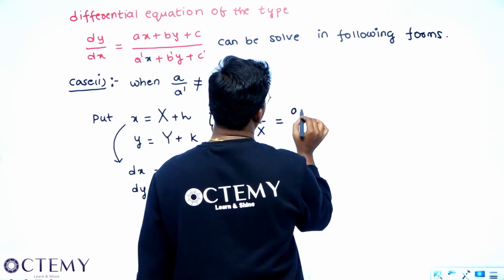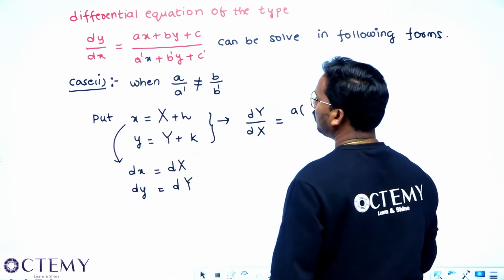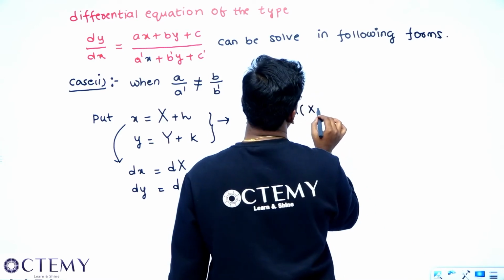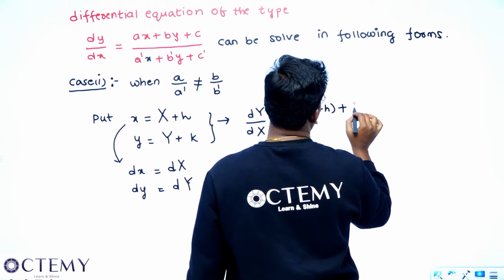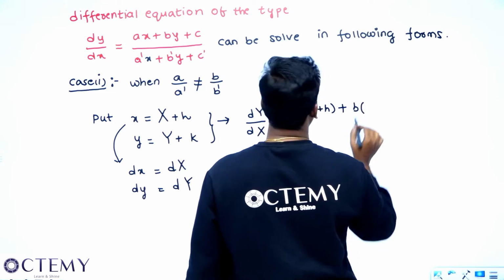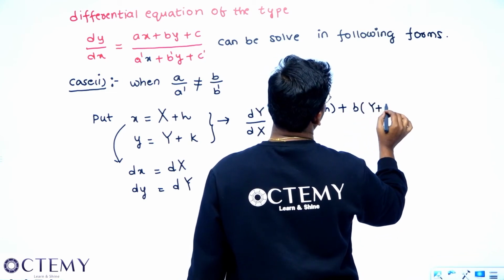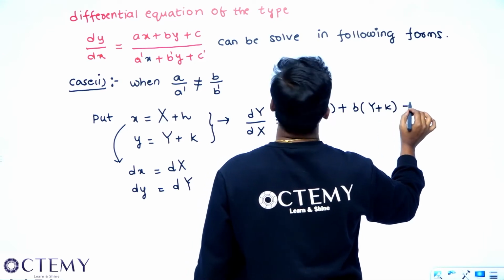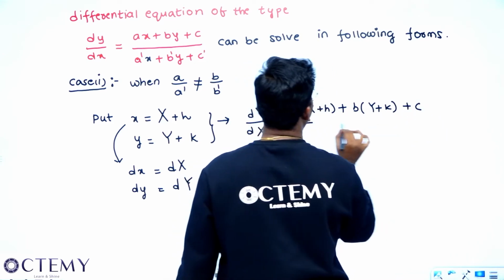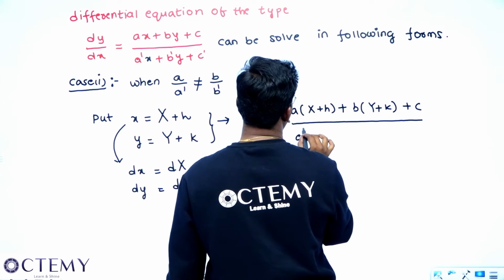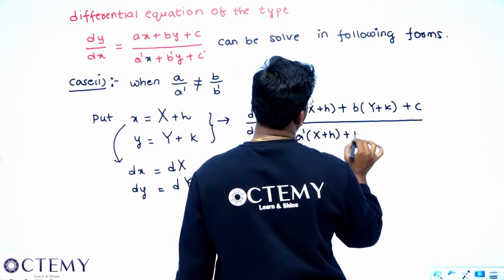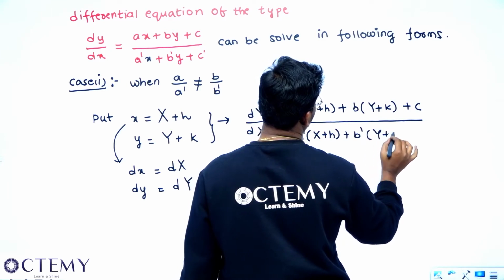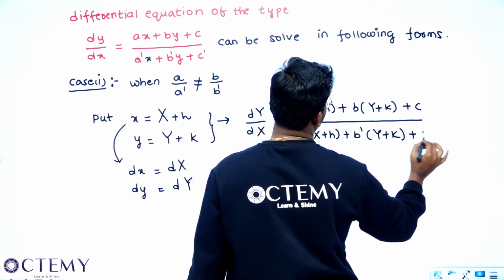In place of small x, you will write capital X plus h, and b into capital Y plus k plus c, divided by a dash into capital X plus h plus b dash into capital Y plus k plus c dash, right?